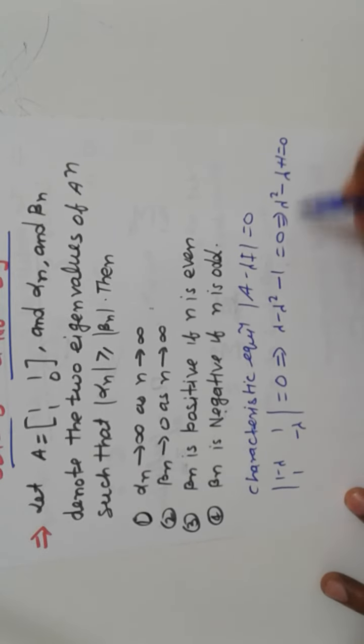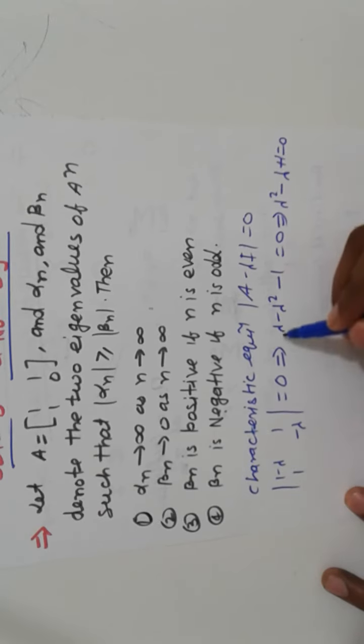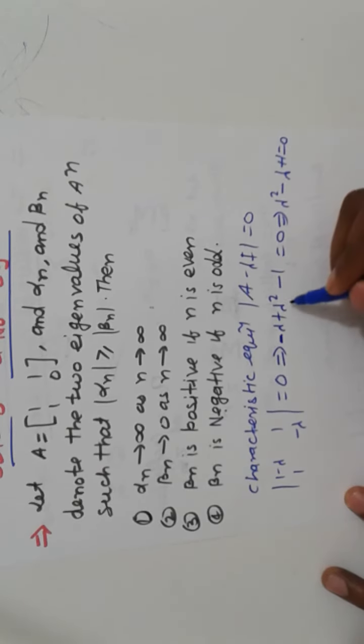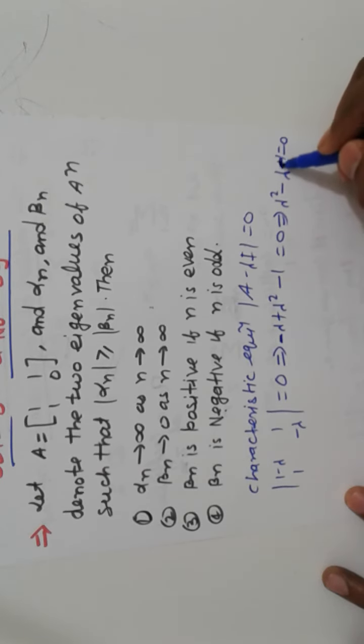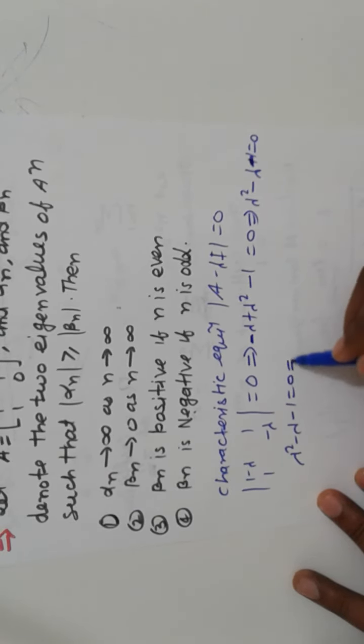Sorry friends, here the lambda is minus lambda, and here plus lambda, that is minus. So lambda square minus lambda, and here minus 1. It means lambda square minus lambda minus 1 equal to 0.